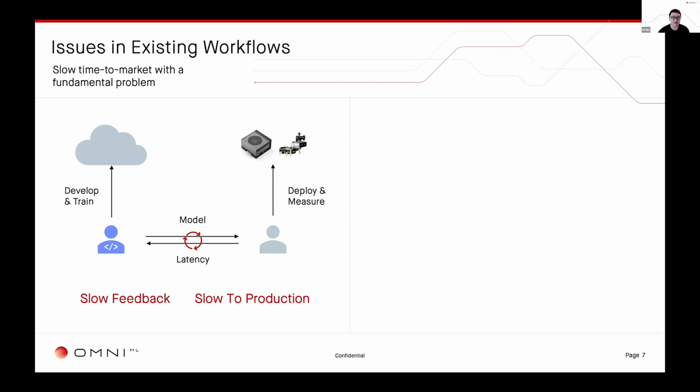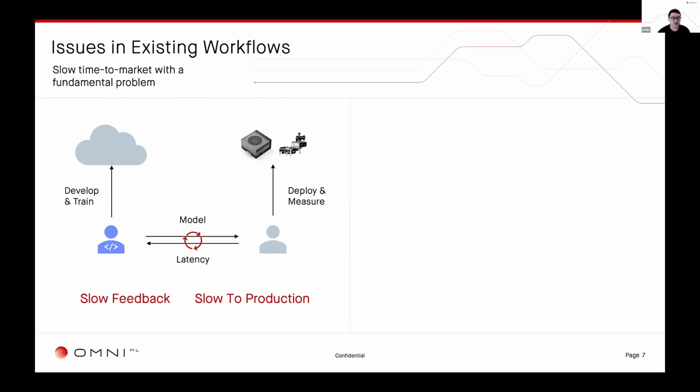Once they get a first trained model, they hand it off to a deployment team, or an infra team or hardware team, to deploy this model on different hardware platforms, whether it's a GPU or robotics. And chances are the first time that happens, people will run into problems.